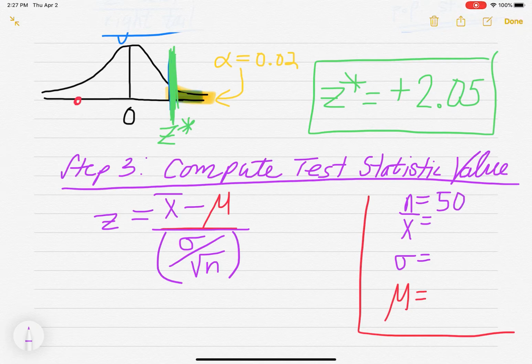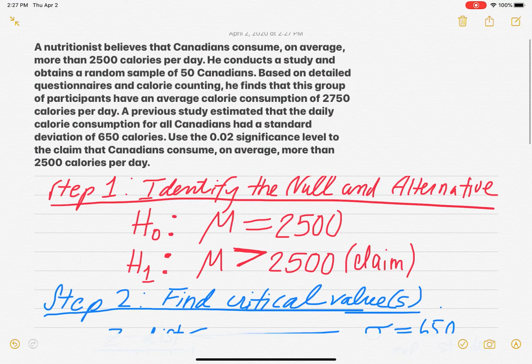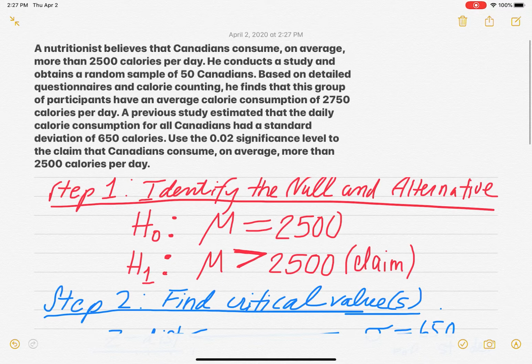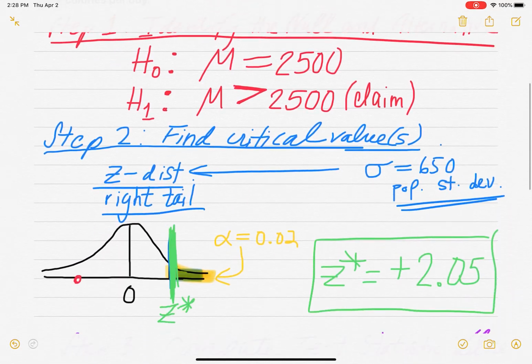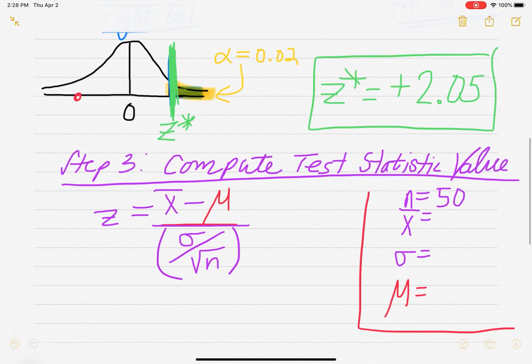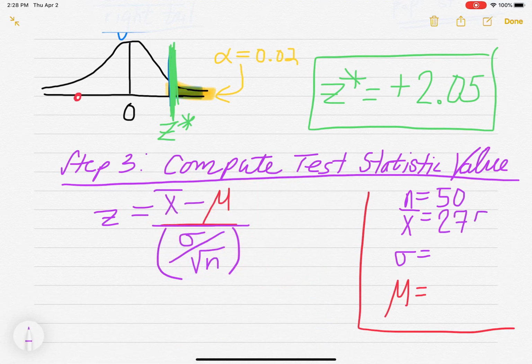X bar is the average of the sample. What was the average calorie consumption for the group of 50 Canadians? He finds that this group of participants had an average calorie consumption of 2,750. So 2,750 is our sample mean. What was sigma, our population standard deviation?